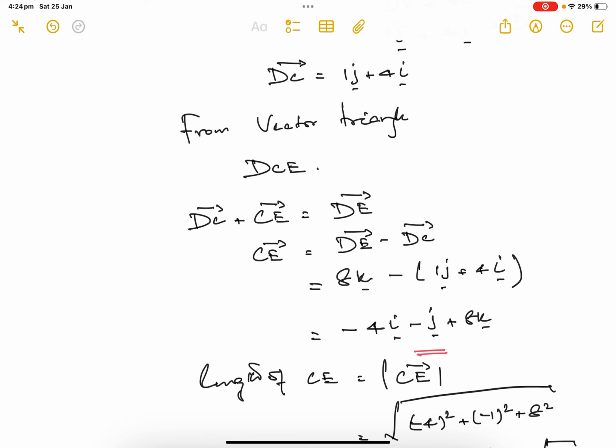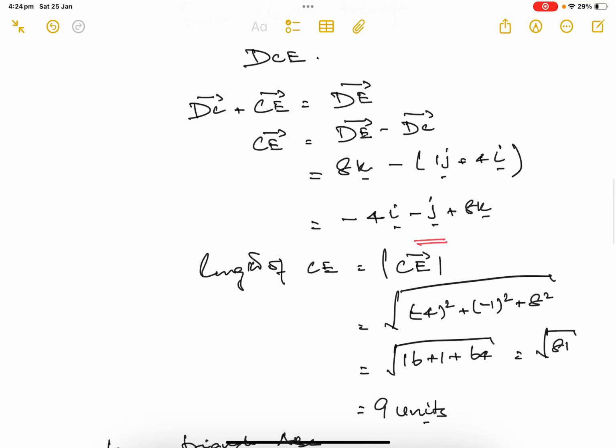Vector DE is 8k, minus vector DC, which we found is 1j plus 4i. So if you write it in the proper order, minus 4i minus j plus 8k is CE. So we found the vector CE.